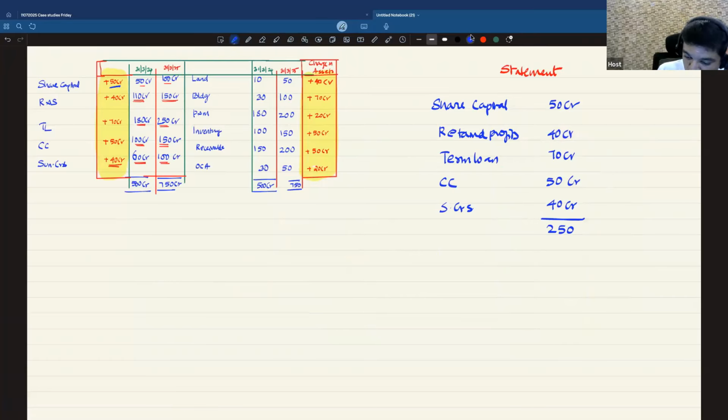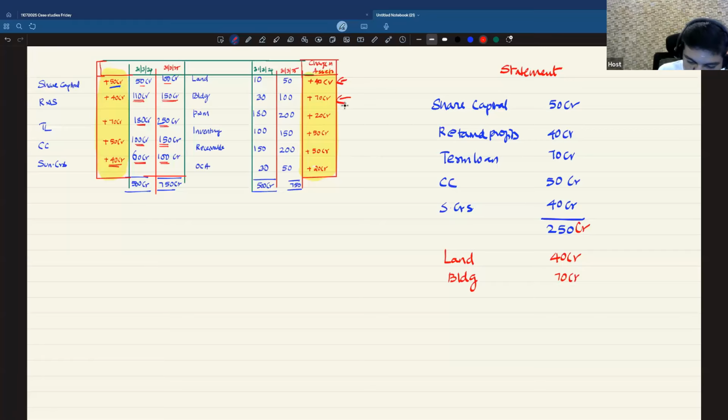And you will also get to know how these funds have been used. Yes, look here. Funds have been used for investment in land. What is the total investment? It is 40 crore. It has been used for investment in building. What is the investment they have made in building? It is 70 crore.